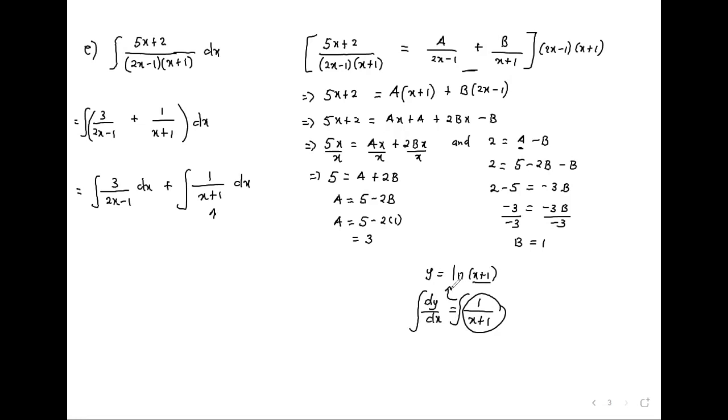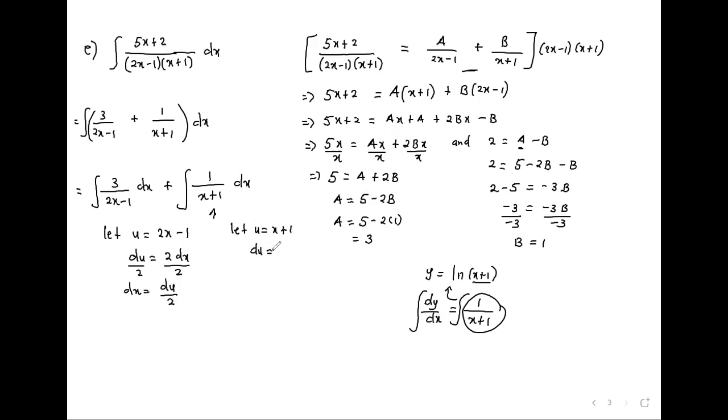Okay. For the first piece, let u be equal to 2x minus 1. Then differentiate u, you get 2 dx. Then solve for dx, so you divide by 2, divide by 2. So dx is equal to du over 2. The other one, we're saying let u be x plus 1.